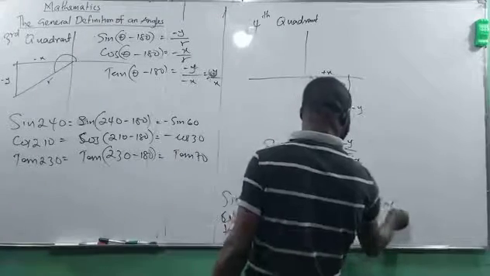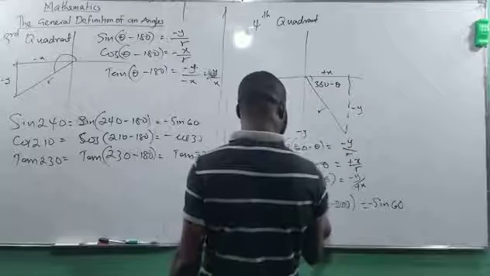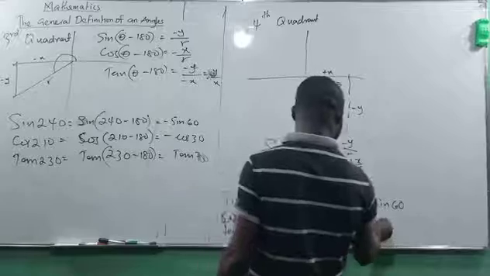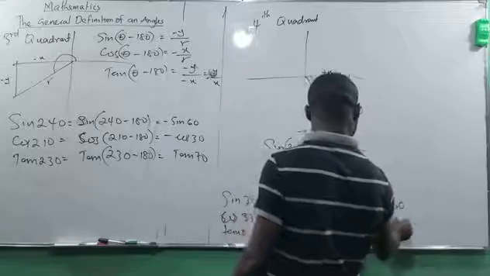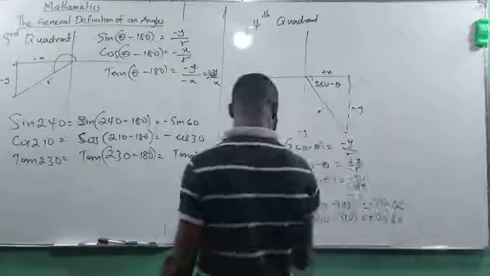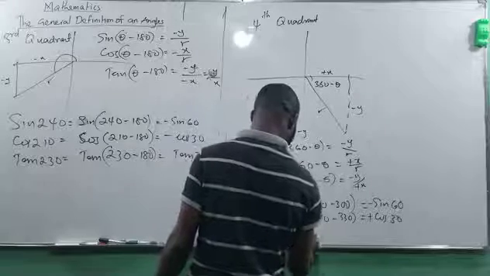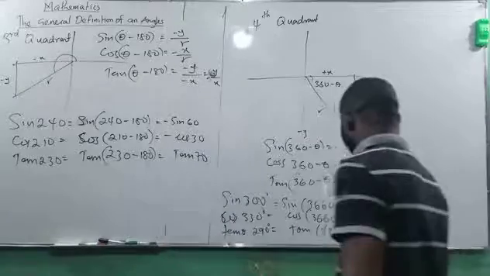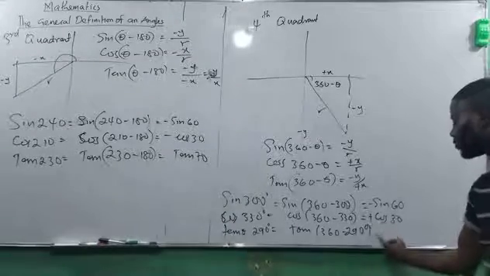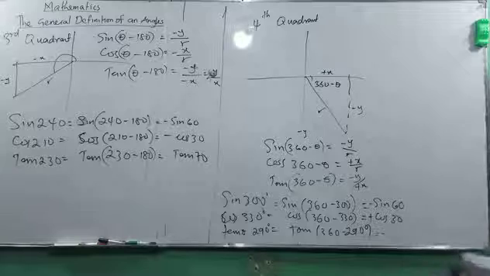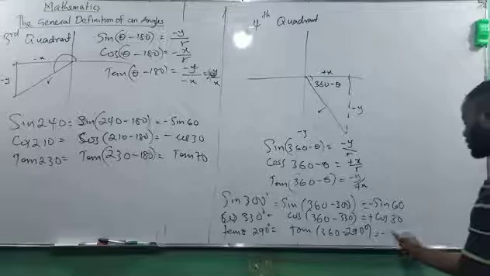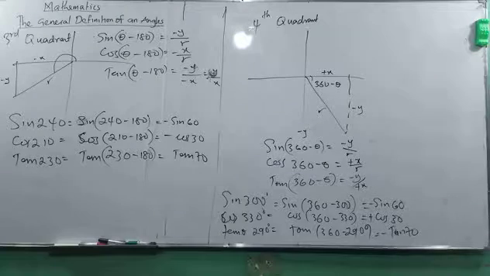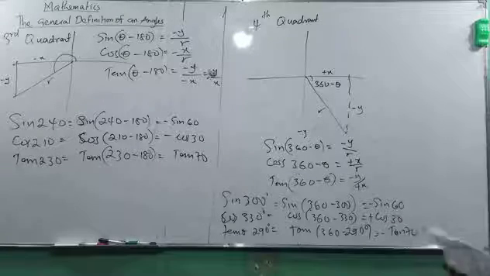Cos 360 minus 330 will be plus cos 30. And the last part will be tan 360 minus 290, which will be negative tan 70. Now, can you see all these are called quadrants?